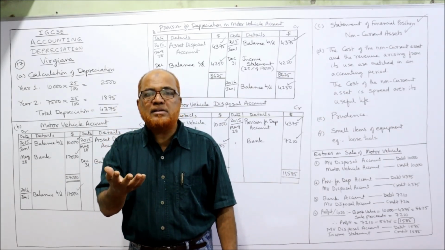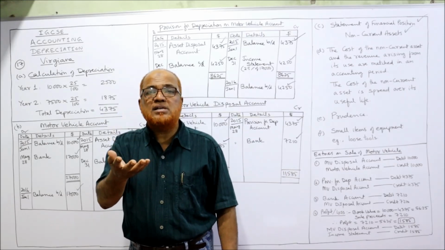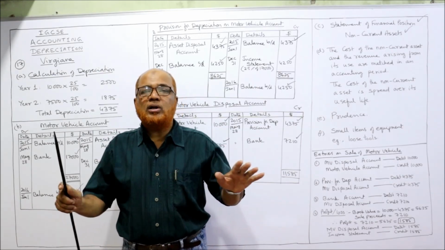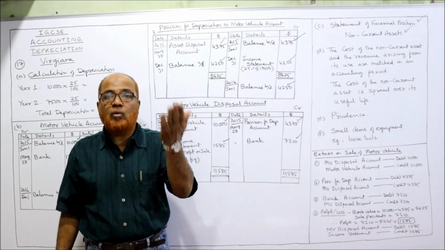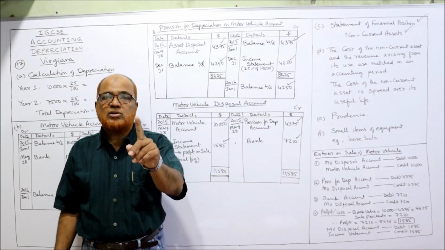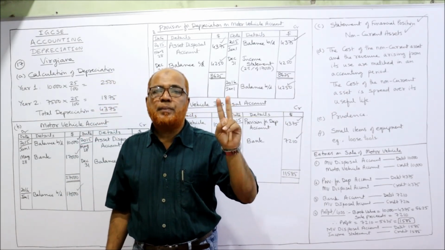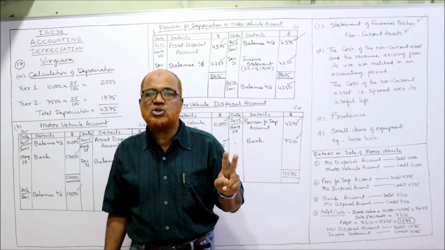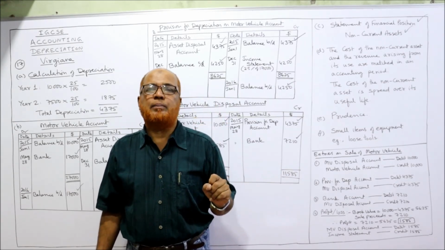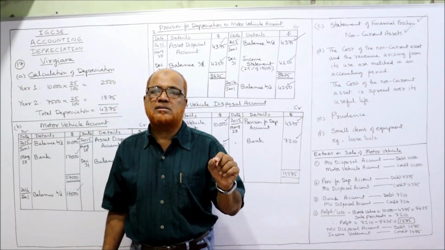We have to provide depreciation. The decrease in the value is called depreciation. We have to provide depreciation, then only our profit will not be overstated. Otherwise, if we do not calculate depreciation, the profit will be overstated. That is against the prudence concept. The prudence concept says the profit should not be overstated. So two accounting principles are applied in depreciation. One is the matching principle or accrual principle, and the second principle applied in depreciation is prudence.